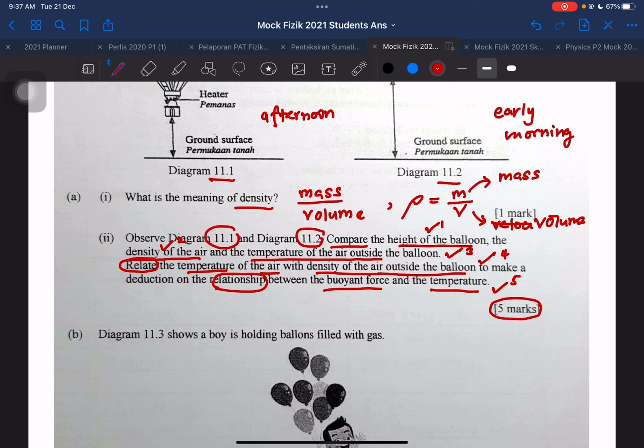I suggest you all write the first 3 points in table form. And then the relate questions, you write outside the table.